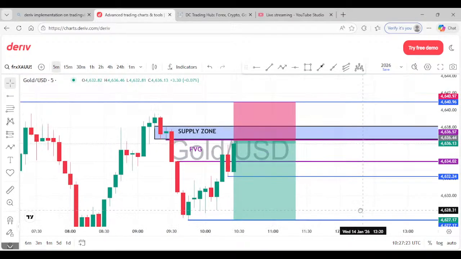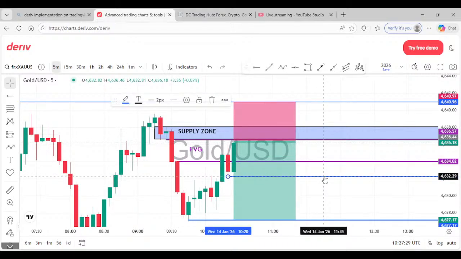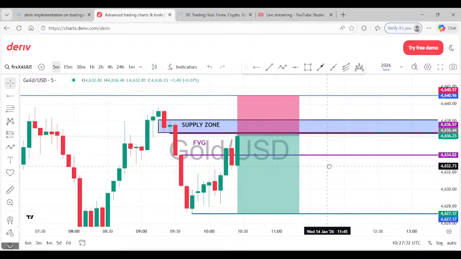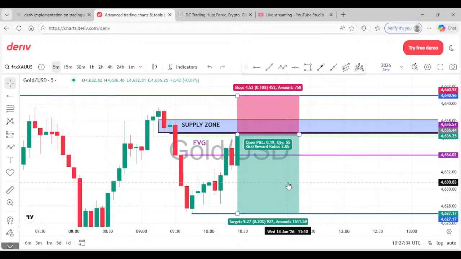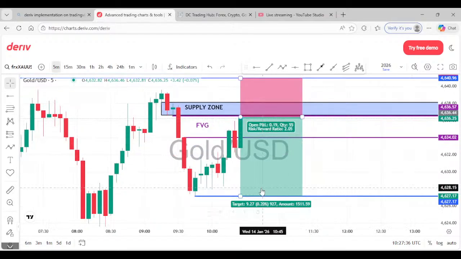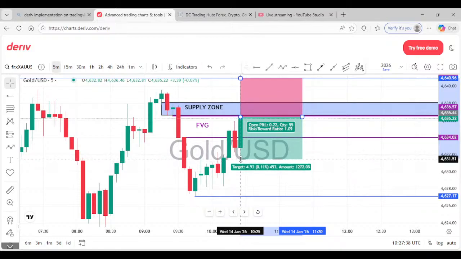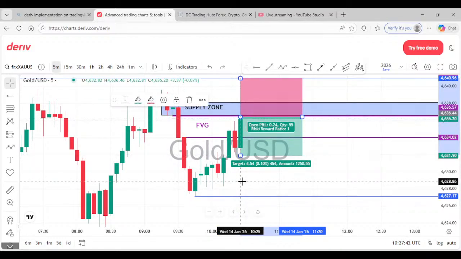Stop loss is going to be 4640. Then TP1, so this is 1:1. It's going to be 4630.